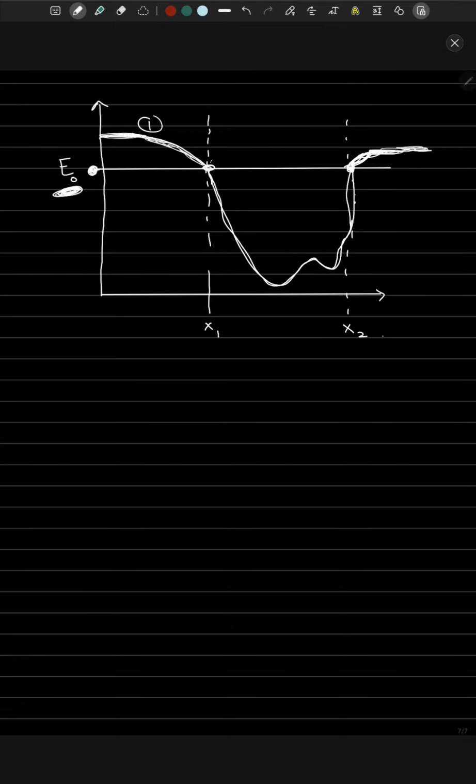So let's call this region 1, this region 2, and region 3. Regions 1 and 3 are not accessible for the reasons I just explained, while region 2 is accessible to the particle.